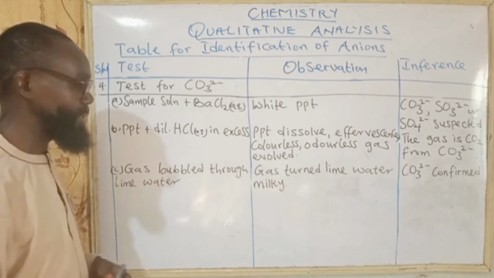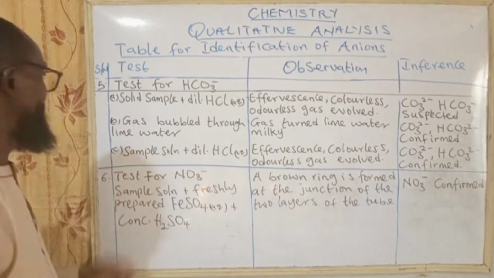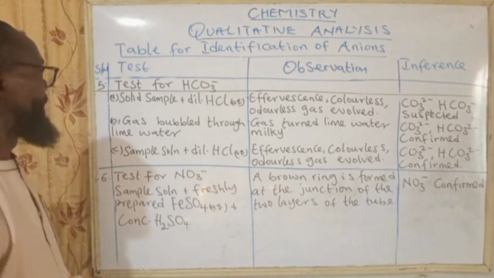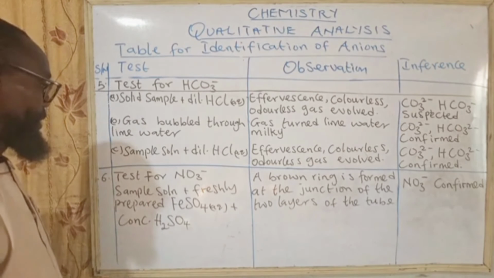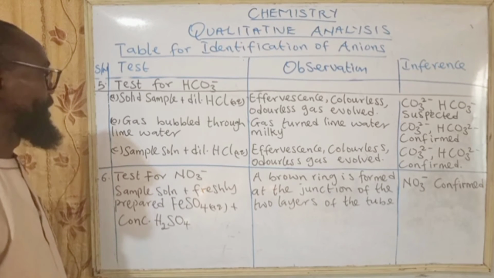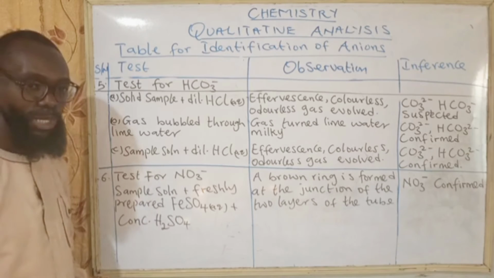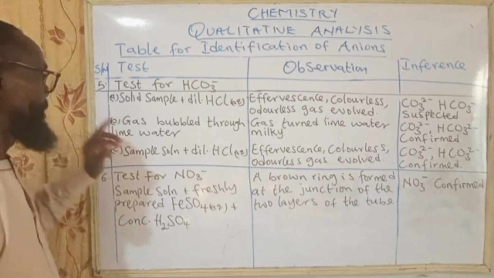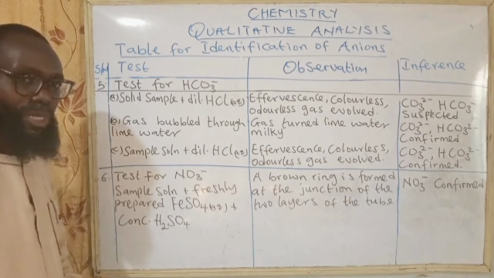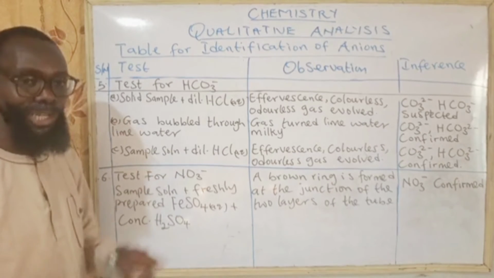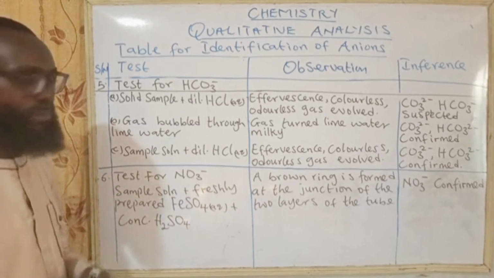So let's proceed. Number 5, test for HCO3 minus, hydrogen trioxocarbonate IV ion. A solid sample. Now we have a solid sample this time around, not a sample solution.